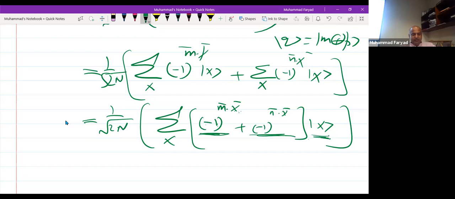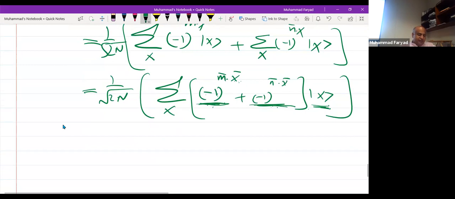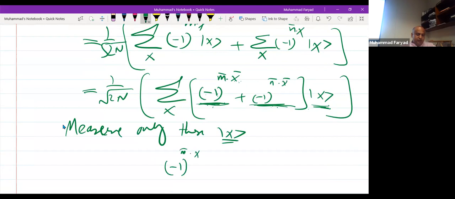And for any state X for which this is not equal to this, which means that if this is minus, this is plus, and if this is -1, this is +1, then if you add minus and +1, you will get a 0. So when you do a measurement now, you will measure only those X for which this -1 m dot x is equal to -1 n dot x, that either they are both minus and minus, so that you sum and it becomes -2, or they are both +1 and +1, so that when you add they become +2.